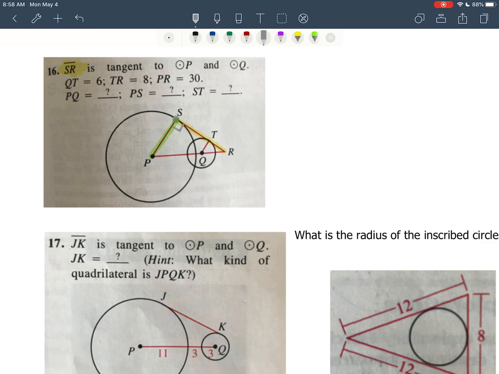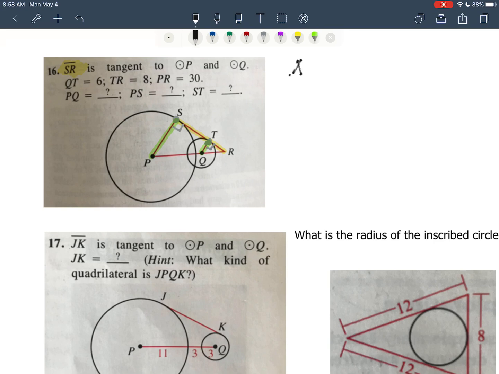So you can see that we have a right triangle. Well, we have another triangle here that also has a point of tangency, because SR is not only tangent to circle P, but it's also tangent to circle Q, and QT is a radius, so we have another right angle making another right triangle.